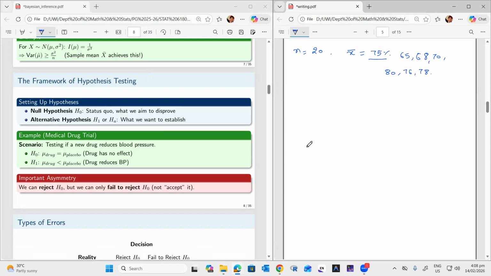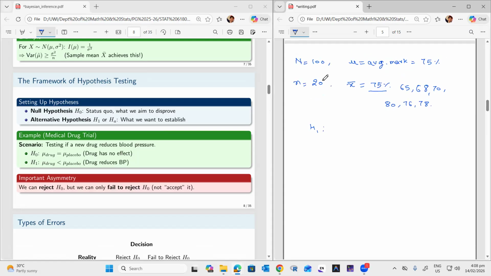So here one important thing is how you find the alternative hypothesis. There are three possible ways to design the alternative hypothesis. If I consider that my mu is 75%, then my null hypothesis will be mu equals 75%. But what will be my H1?